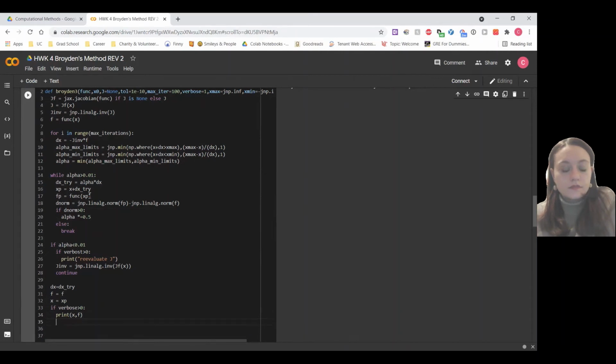And we also want to make sure that we don't keep iterating for longer than we have to. So if our value for f is close enough to 0, meaning it's less than the tolerance, if the absolute value of our function is less than the tolerance that we specified, then we want to exit the loop.